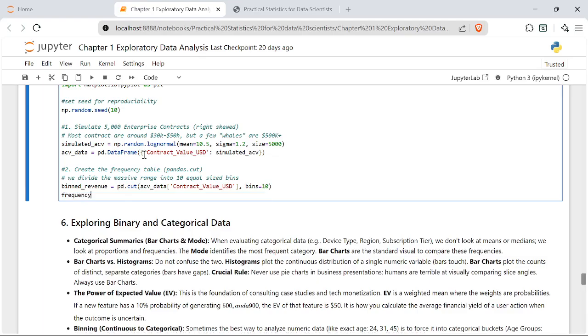Frequency table equals bin revenue.value_counts().sort_index().